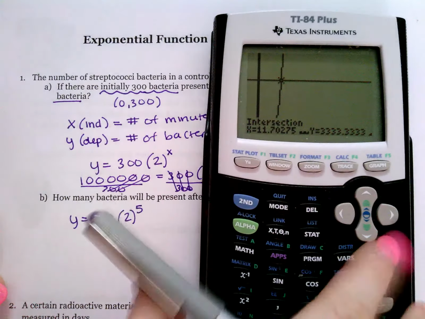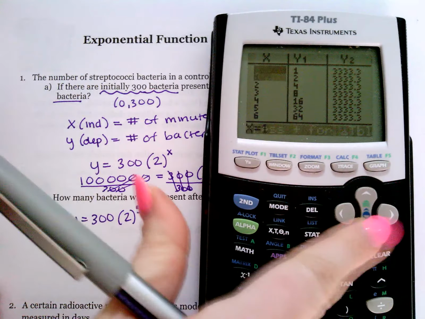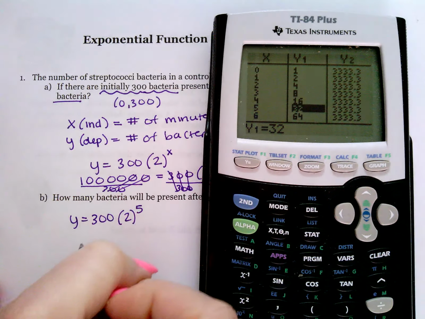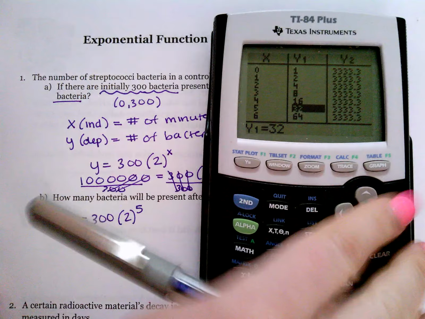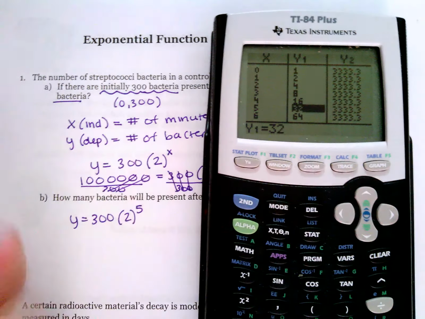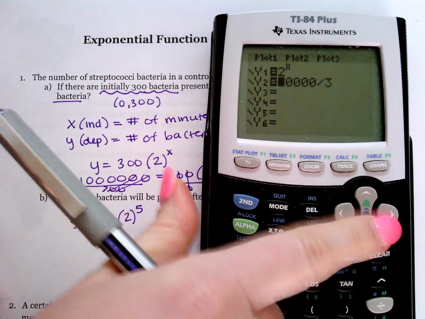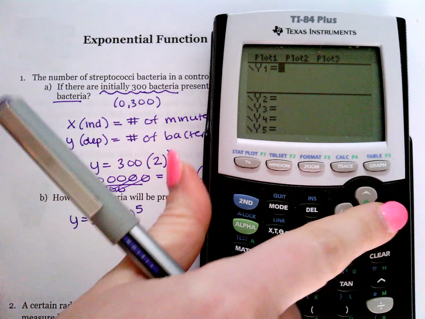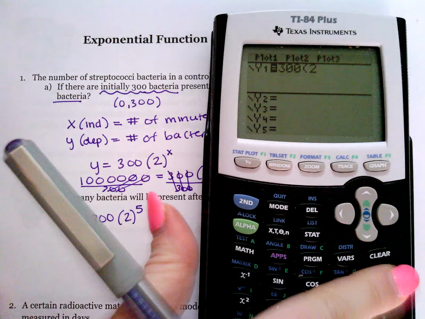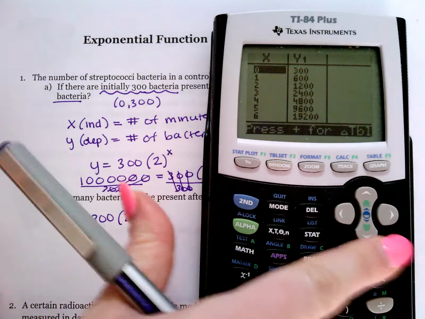Oh, I didn't have it plugged in yet, my fault. 300 times 2 to the power of x. Then I can look at the table of values and look at where x is 5, and I'm going to see that it's 9,600 bacteria.